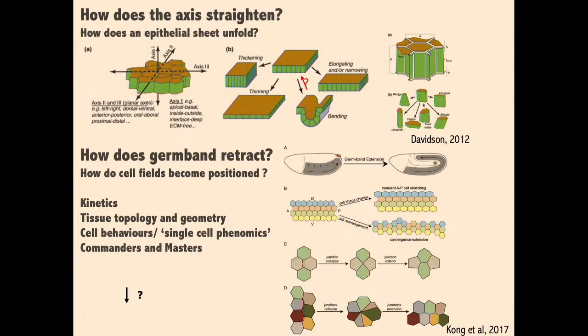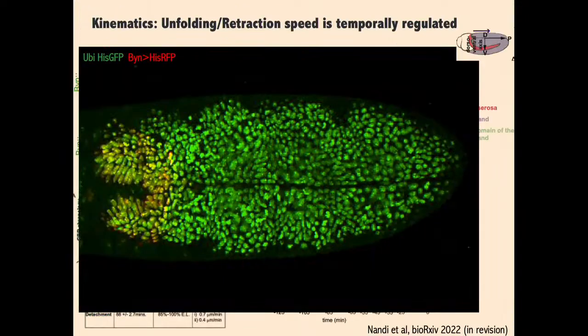And so that's why we decided to look at this, and we set out to ask how this unfolding happens and how cell fields become positioned, by simply looking at the kinetics of the process, the topology and geometry of the tissues, and the behaviors of cells that participate in this process. And so much of what I'm going to show you is what we've learned from these investigations.